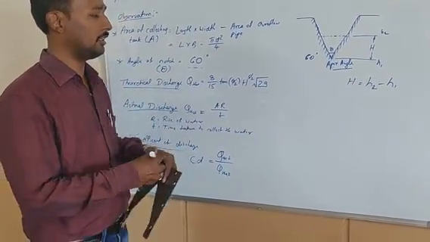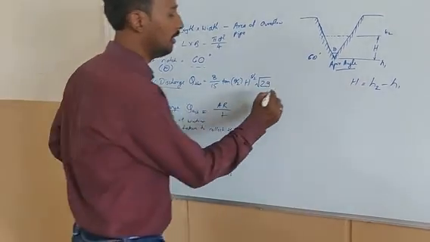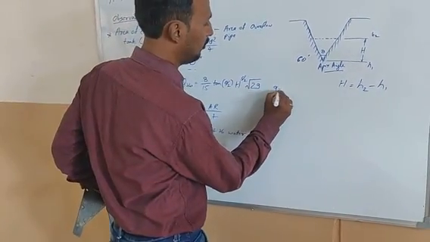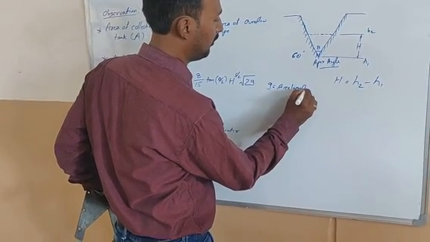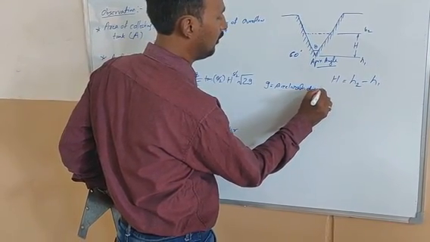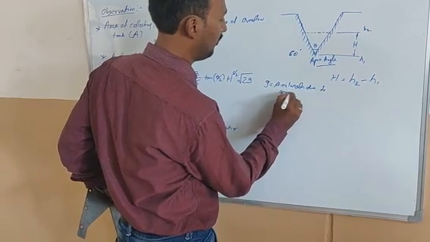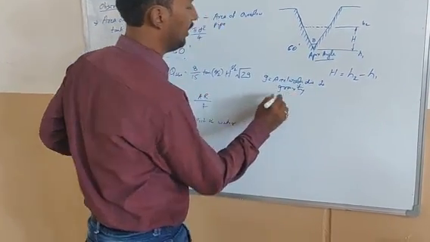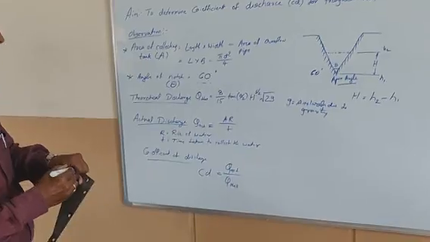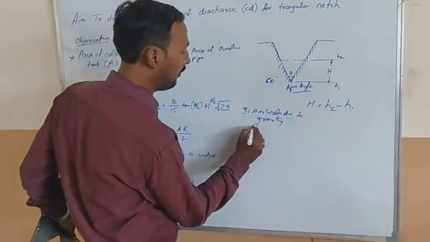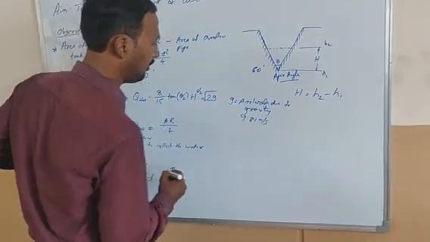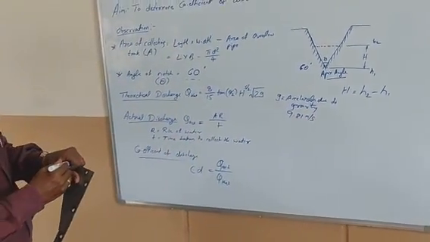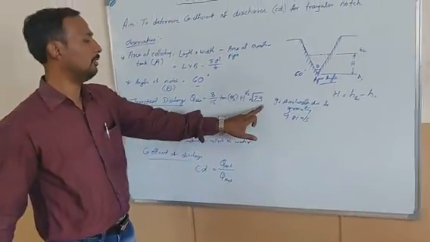G is acceleration due to gravity, which is 9.81 meter per second square. This is the g value.